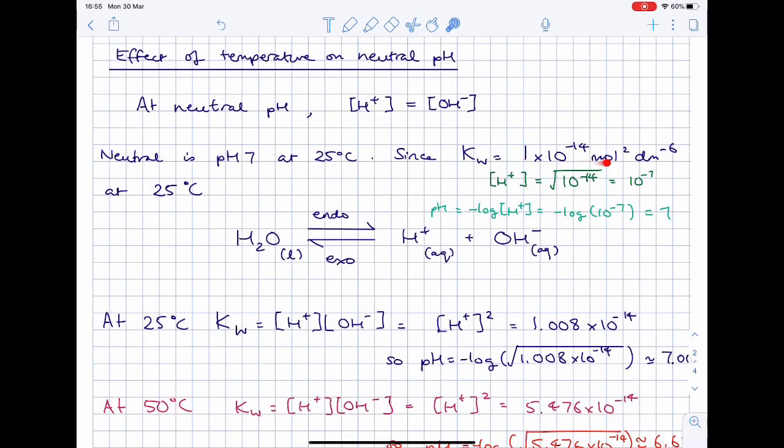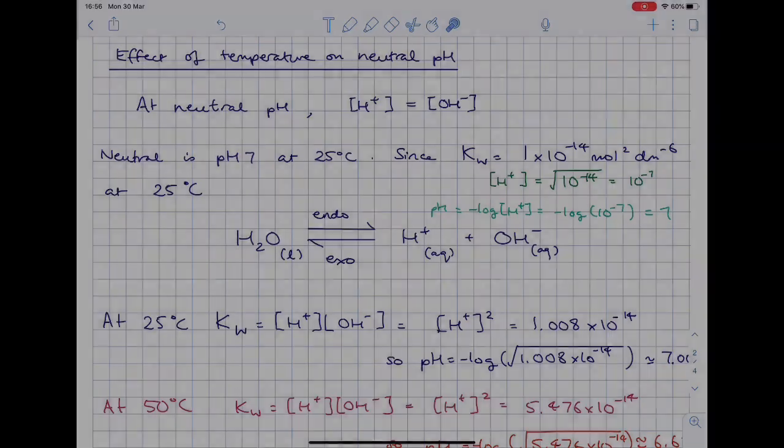The square root of 1 times 10 to the minus 14 is 10 to the minus 7. So that's the concentration of H+ at 25 degrees C. And if we take the minus log of this, we get the pH, which happens to be 7. So at 25 degrees C, because Kw is this value, we have pH 7 for neutral.